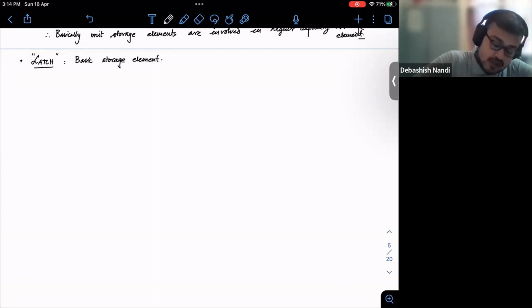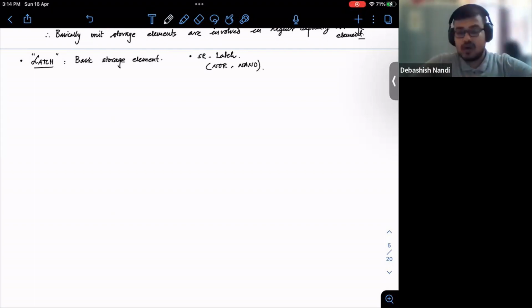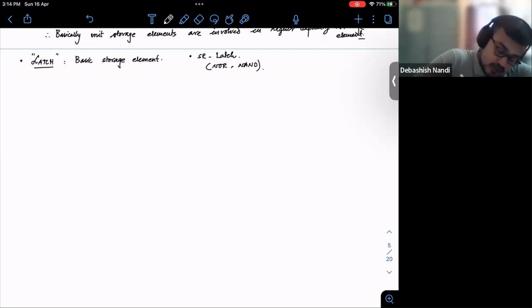You are familiar with the SR latch, right? We will discuss both the NOR version and the NAND version. So how does it work? SR NOR, let's say. So you have these NOR gates.